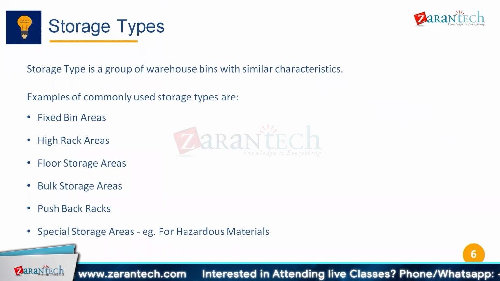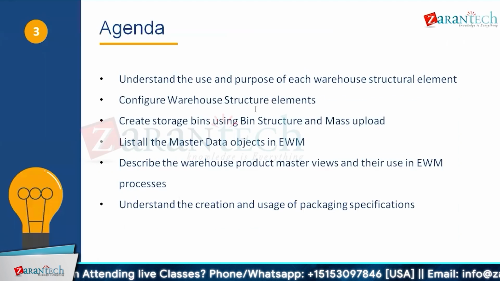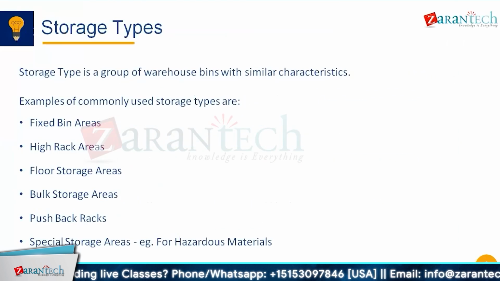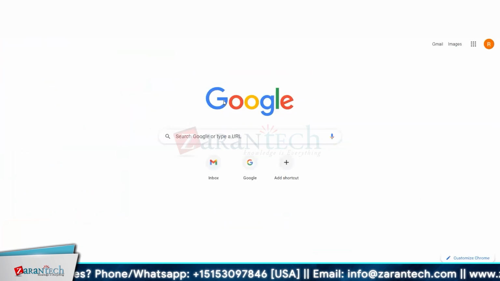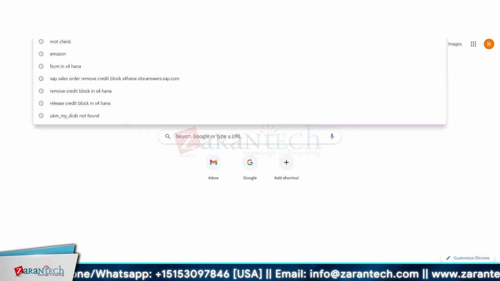Some of the common storage types are the fixed bin storage, high rack storage, floor or open storage, bulk storage, pushback racks. So there are several types of storages in a warehouse, and depending on the storage, you would identify it as a storage type.